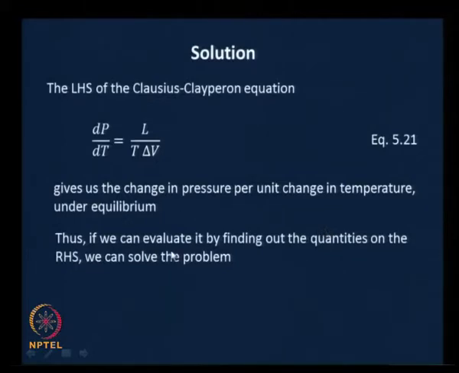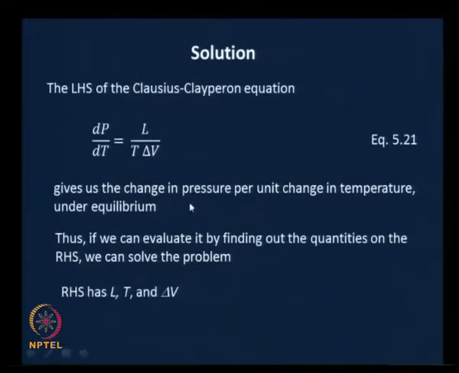If we can find dP dt by evaluating the right hand side, in other words if we know L, T and delta V, we can substitute the values here and find dP dt, and that is what we need. L is already given, that is the latent heat of vaporization.